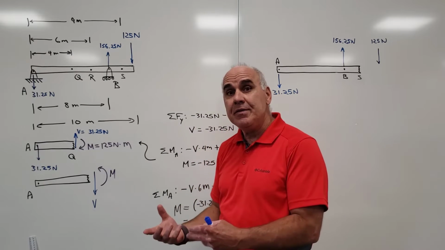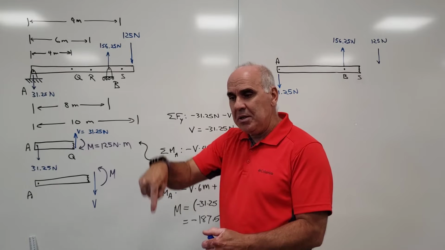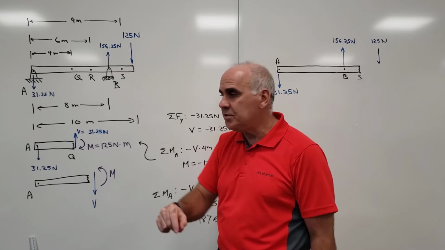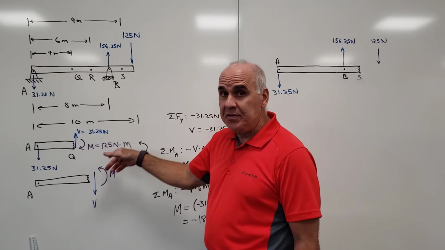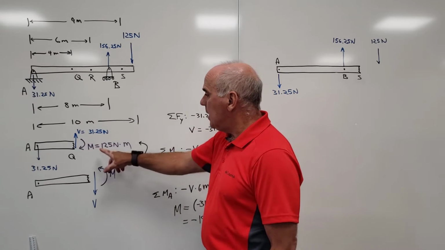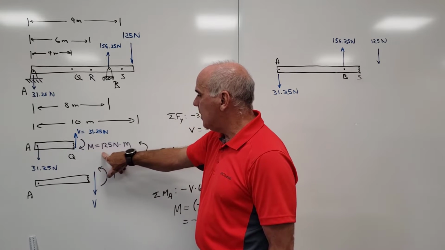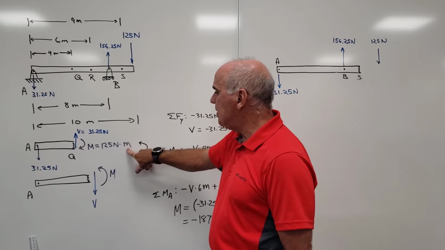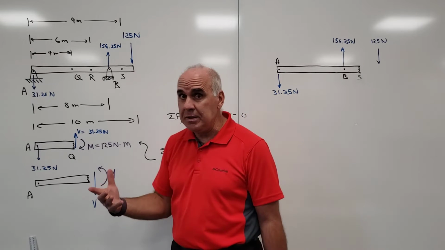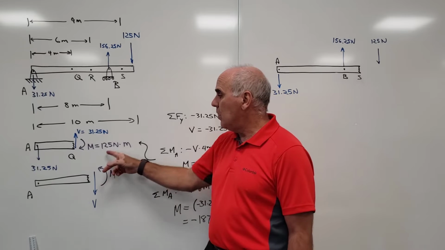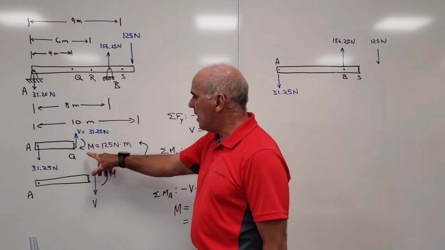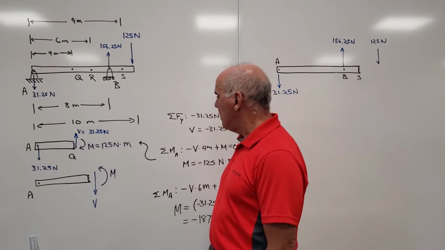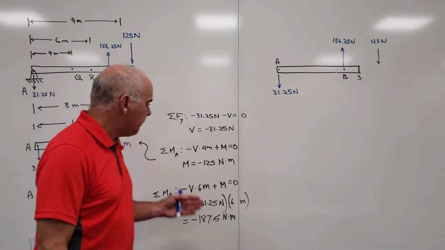Technically, V is negative 31.25 because by convention, the shear force is down. And then the moment, which by convention is counterclockwise, in this case was clockwise at 125 Newton meters. And so technically, the moment was negative 125 Newton meters, if you go back to that previous video. But I've drawn it positive here. All right, so those have already been done.